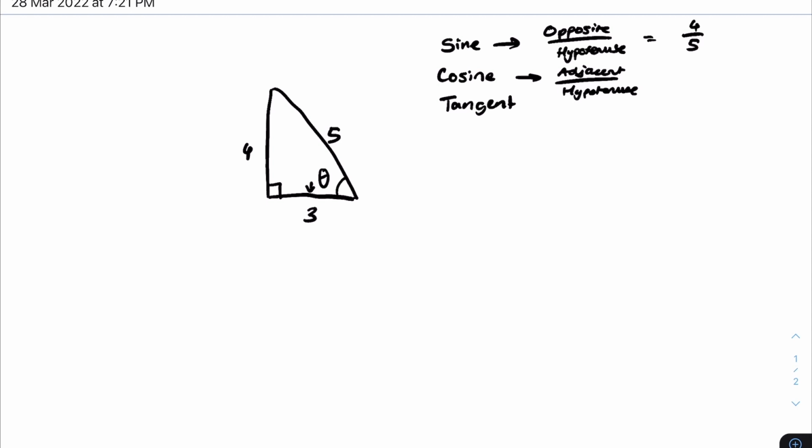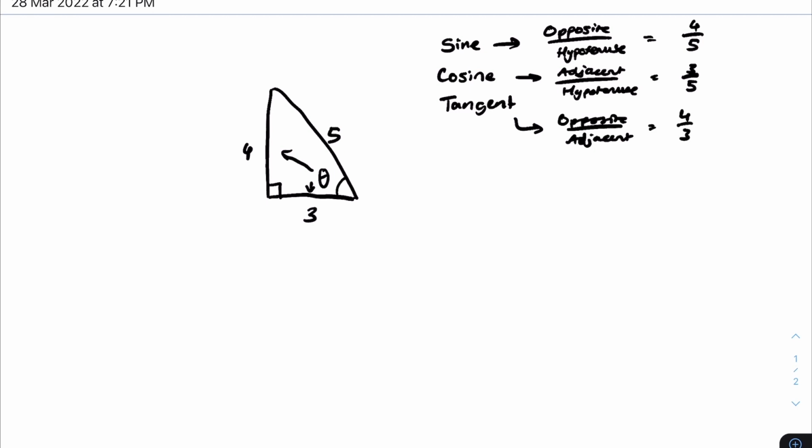And the hypotenuse, as usual, remains to be 5, so cosine of theta would be 3 over 5. Now the tangent is the opposite over adjacent. In this case, we know the opposite is over there and the adjacent is this one. So we get 4 over 3 for tan theta.